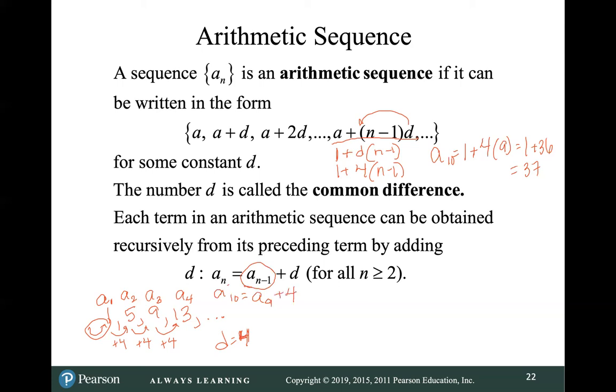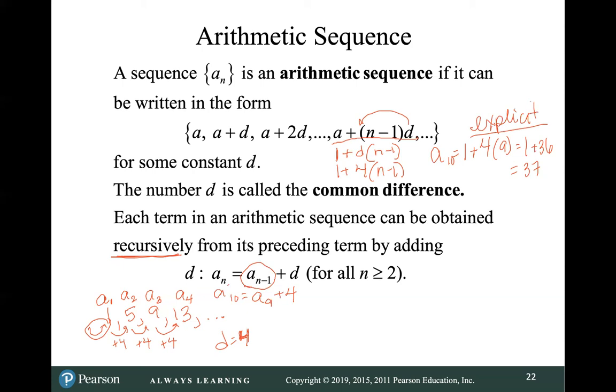So in order to calculate recursively, I need to find all of the ones before it, because then A9 will rely on A8, and A8 will depend on A7, and so on and so forth. So recursively, if I have the previous terms, recursively is usually easier. If I don't have the previous terms, then explicit will be easier. So this was explicit, and this one is recursive.